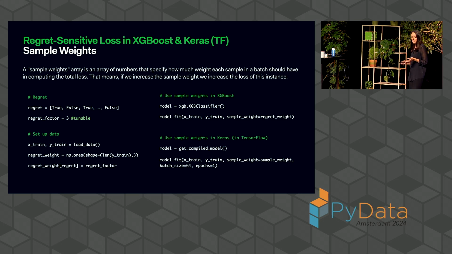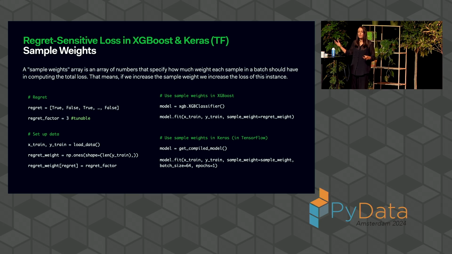So for everyone who does not know what sample weights are, it's just an array or a list of numbers that determine how much weight we want to give each sample in our data set when we calculate the overall loss. So if we increase the sample weight, we increase the loss for that instance in case it is incorrectly classified. So let's have a look how we can do this in XGBoost, for example, or Keras.